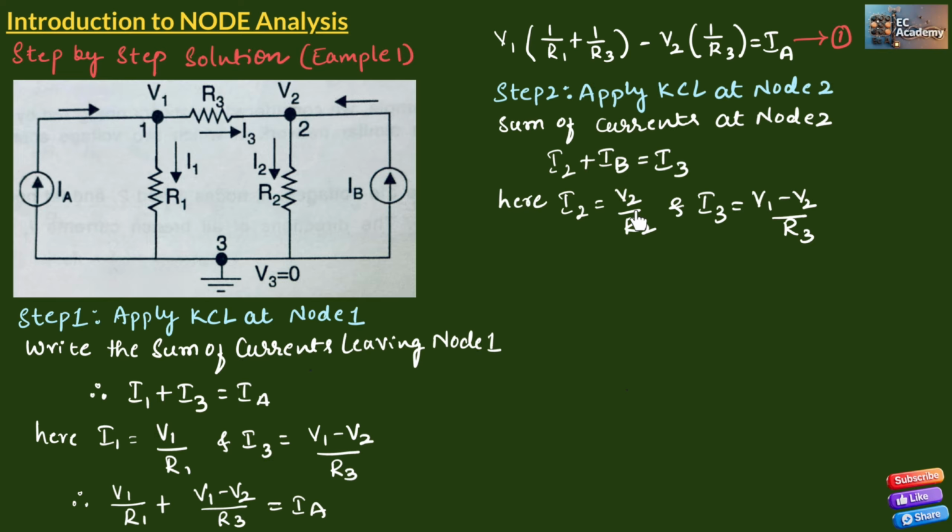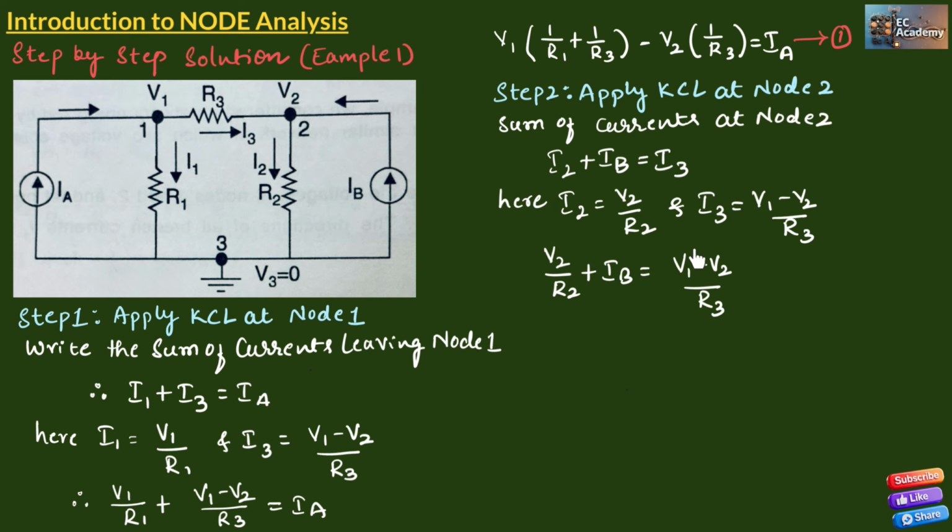Now let us substitute the values of I2 and I3 in the above equation. So we can write V2 by R2 plus IB will be equal to V1 minus V2 divided by R3.